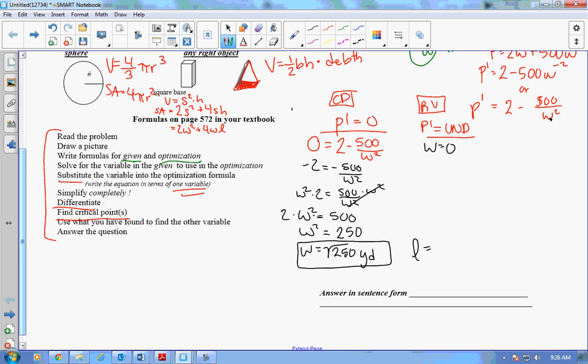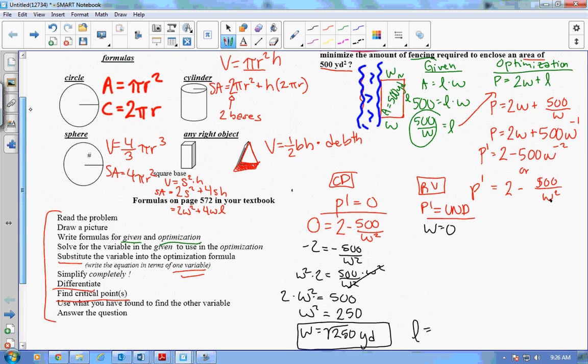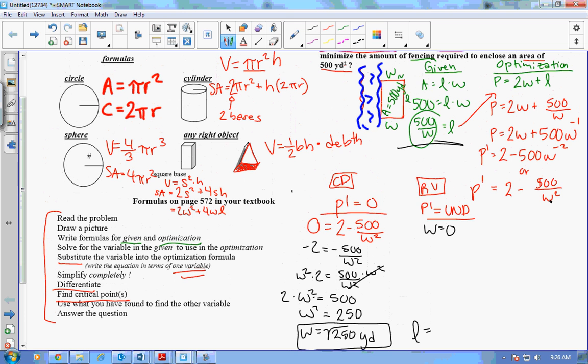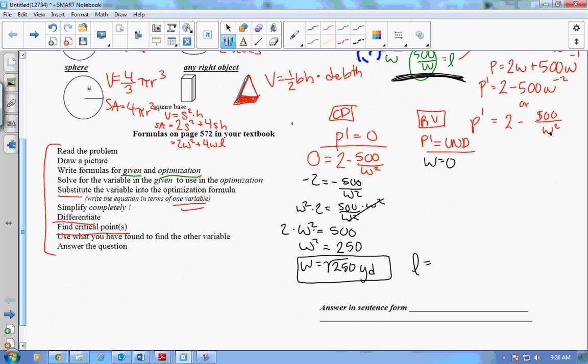Because we want your width and length. Don't we already know that length equals 500 divided by W? So length equals 500 divided by root 250. And that's not going to come out nicely, so we don't have any directions to round our decimal, so we'll leave it like that.